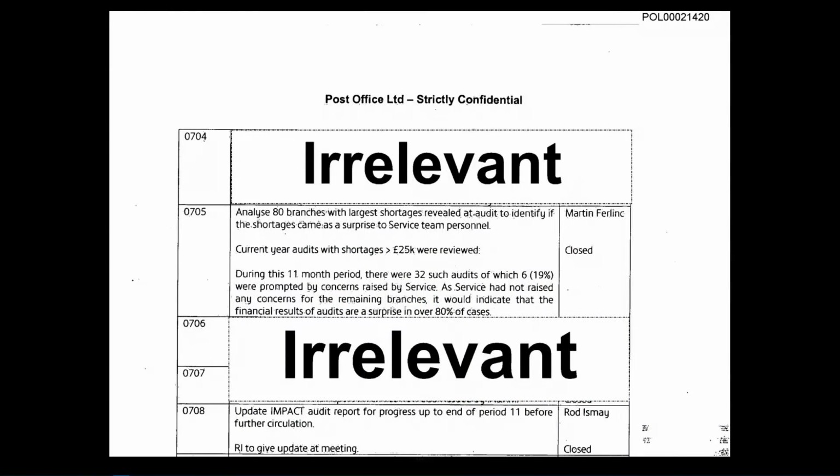So if we look at this as an example, the kind of macro analysis that was taking place was, for example, analysing 80 branches with the largest shortages, rather than looking at follow-on from suspension or looking at particular bugs that have been referred to by different sub-postmasters.